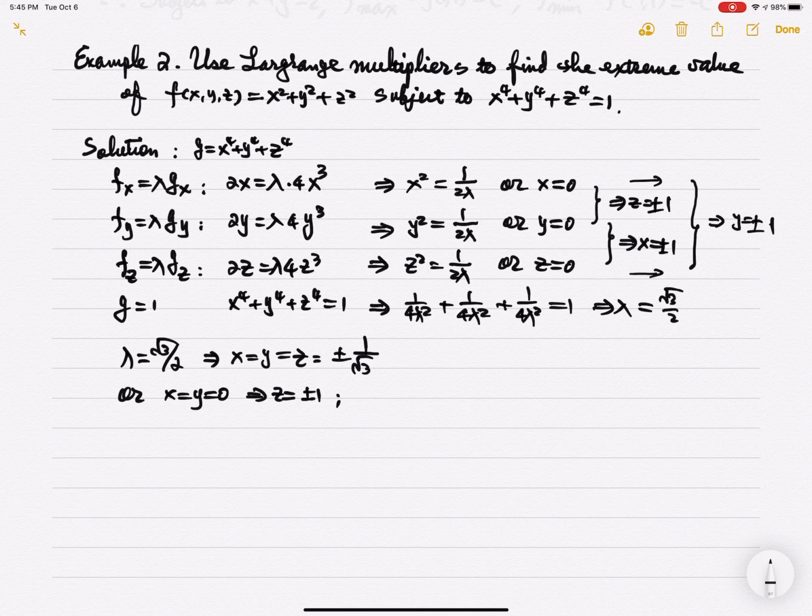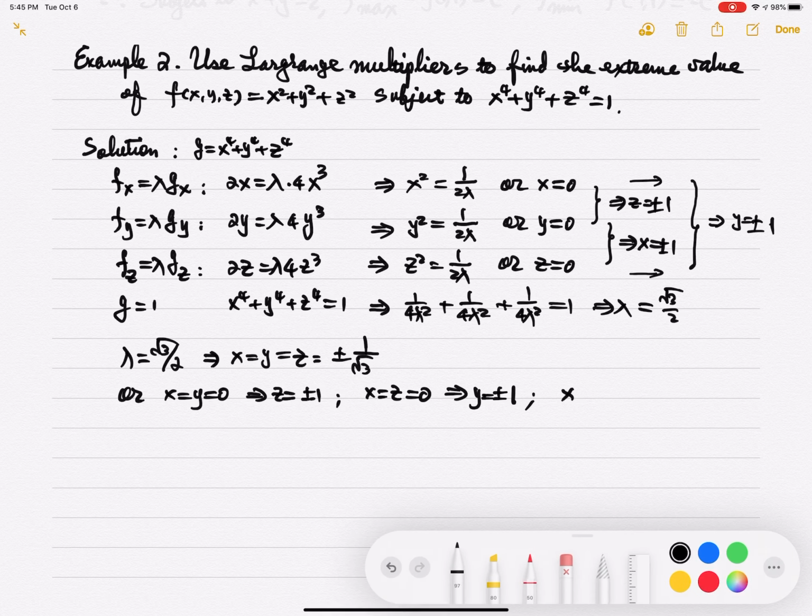And if x equal to z equal to 0, then y equal to positive or negative 1. Or we have y and z, sorry.